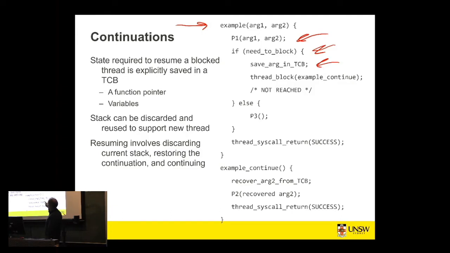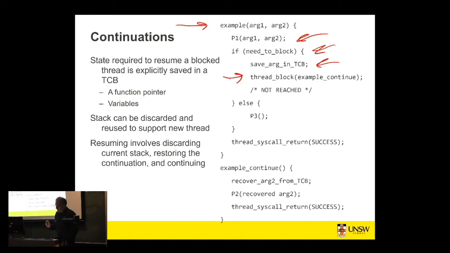In this design, it's implicit that each continuation associated with a TCB can only be blocked at one time, because we've only got space there to store the argument. We can't recursively block multiple times on the way, because we can only suspend once.